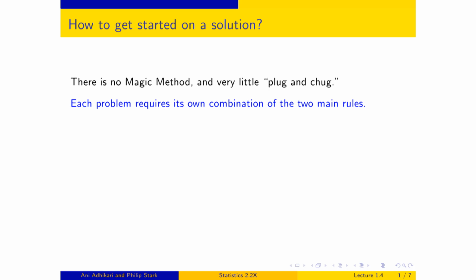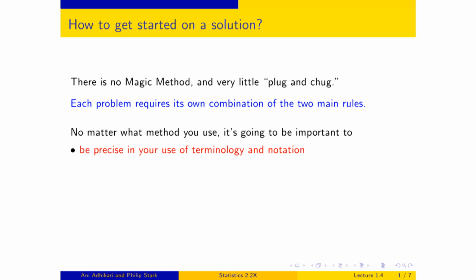Moreover, no matter which combination you decide to use, there are a few things that you have to be careful about. Precision in language. Terminology, notation, precision is really important, because if you confuse something like and with or, well, it's all over.